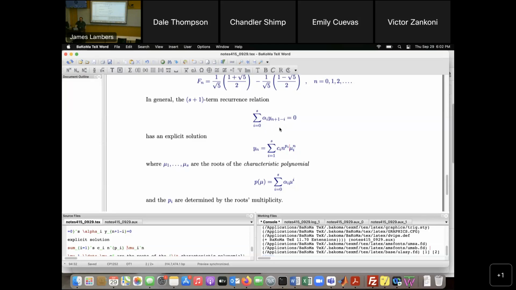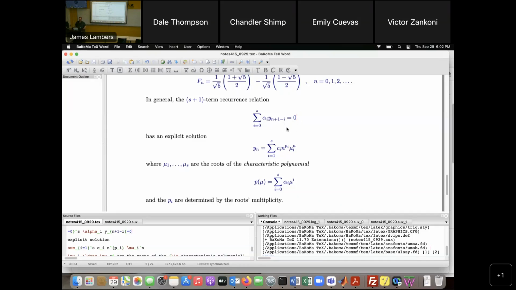For example, for a recurrence relation like Fibonacci numbers, the general solution in this form is a linear combination of 2 linearly independent functions, just like for a second order differential equation. If there was a non-zero here, this would be non-homogeneous, and you can express the solution of that recurrence relation as the sum of a homogeneous solution and a particular solution. How would you find that?